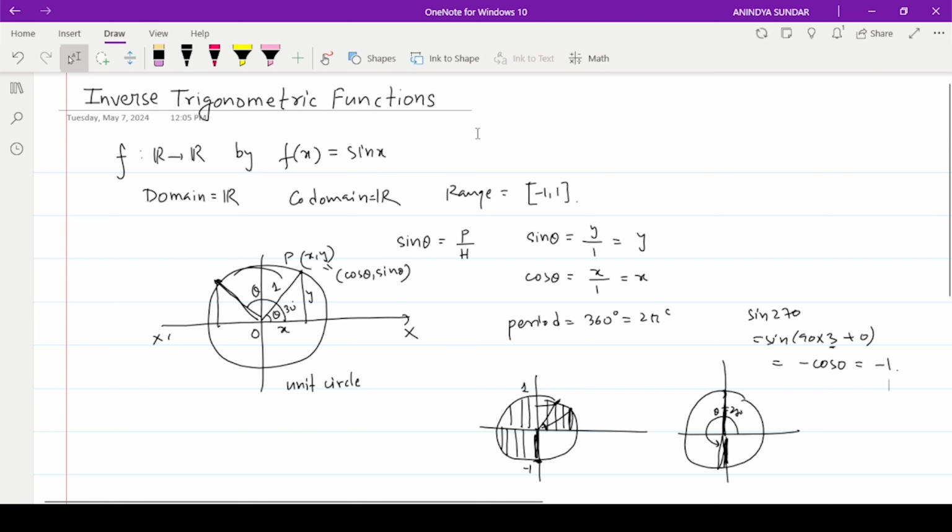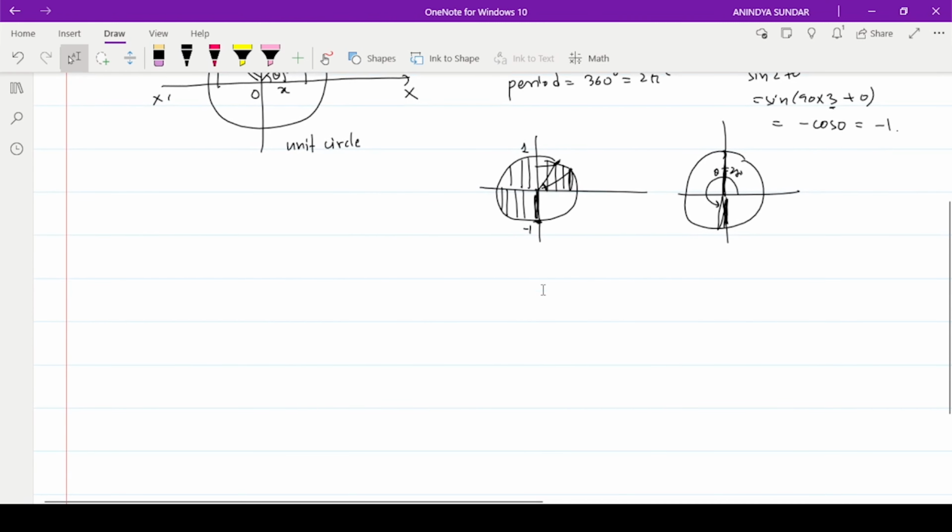Now if I try to plot the graph of this function, how can I achieve that? Let's see what is happening in the first quadrant. At 0 I will get 0. After that the value increases, then again more increment.